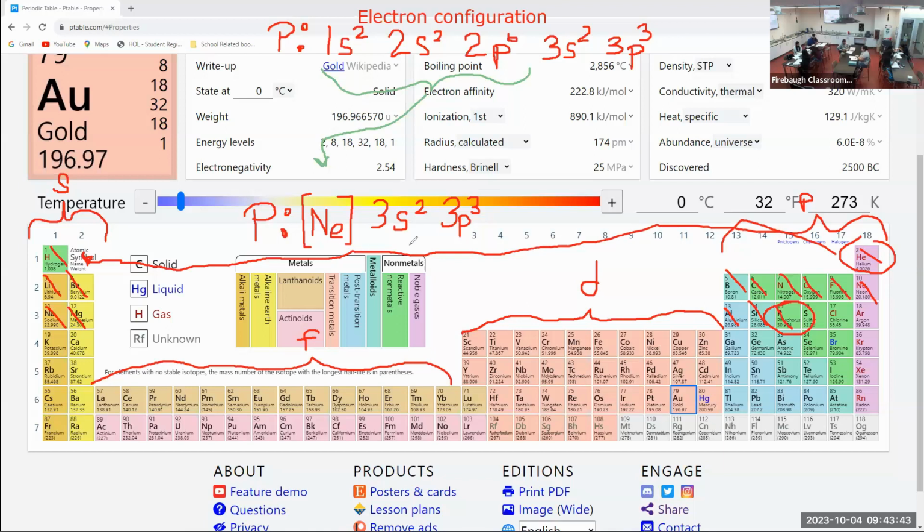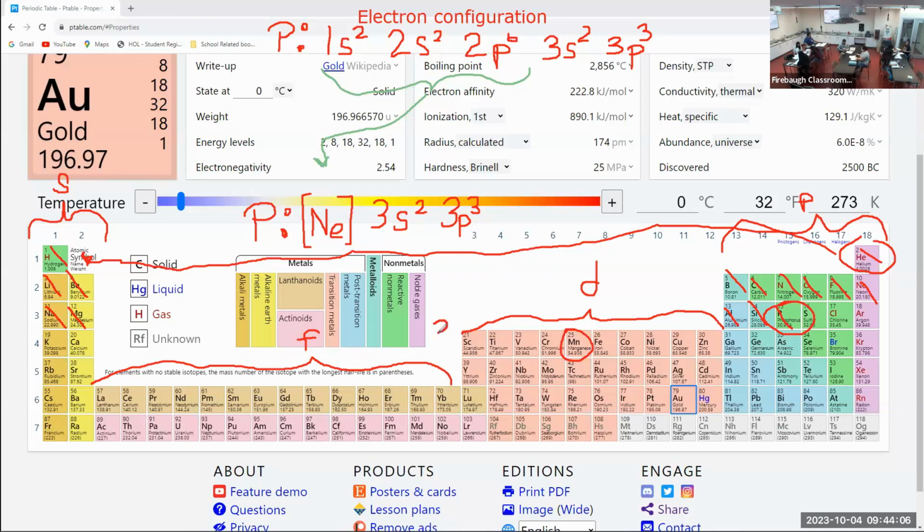Okay, so let's say we had, let's do iron. Actually, let's do manganese. Now, the thing about the d orbital, even though it's in the 4th period, it is actually going to start off at the 3rd.